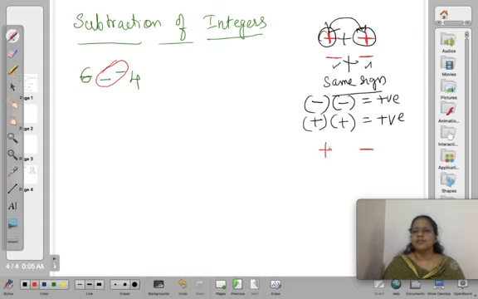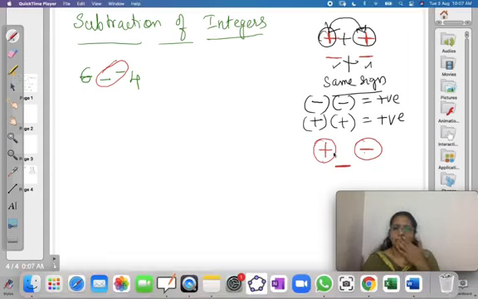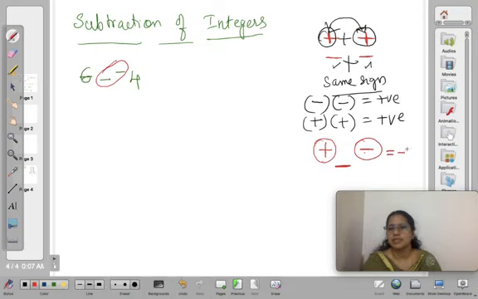You will never make a bond. You will always keep a distance, so that distance means it is always negative. So when the same sign comes together, it is always positive, and when different signs come together, it is always negative.